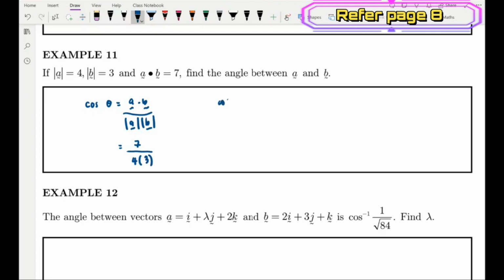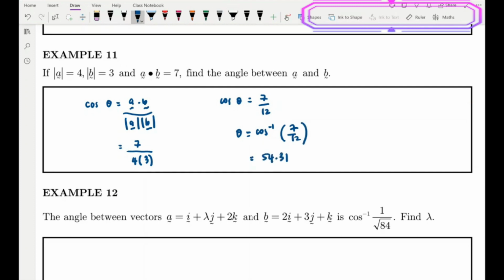So cos theta equals 7 over 12. But the question is to find the angle, so theta is equal to inverse cos 7 over 12. The answer is 54.31 degrees.